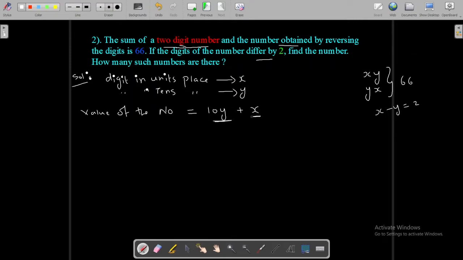Next, we are reversing the number. Reversing means x will come here and y will go there. So it will become 10x plus y.